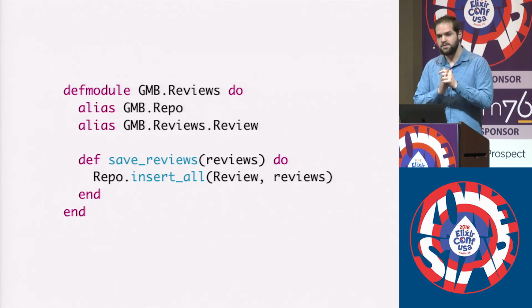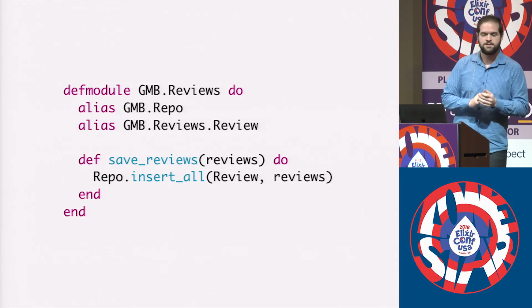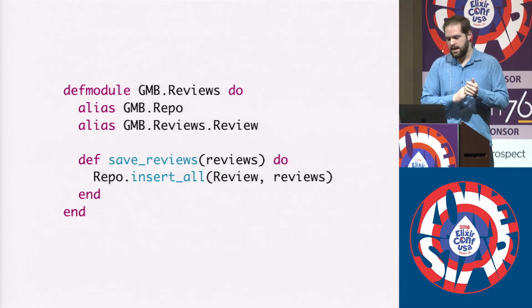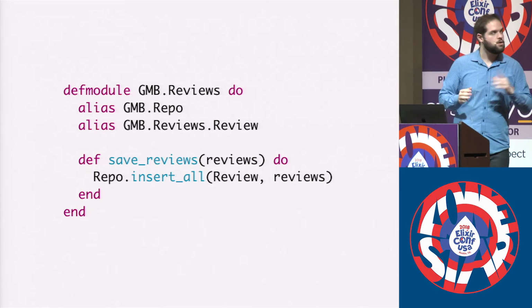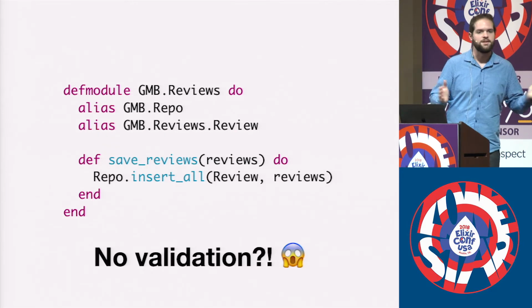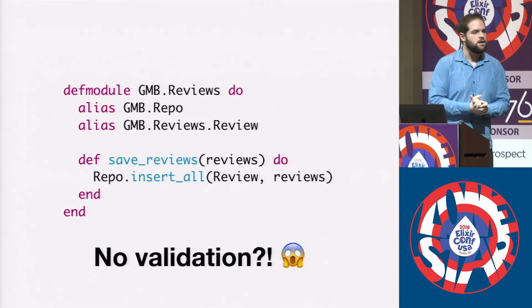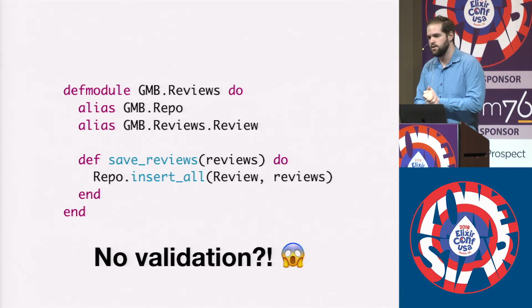It doesn't accept change sets. It only accepts maps. And so we are inserting a bunch of maps, but you might notice there's one problem here, and that is that there's no validation. Without the change sets, we're not validating whether or not the data that we're inserting into the database is good.